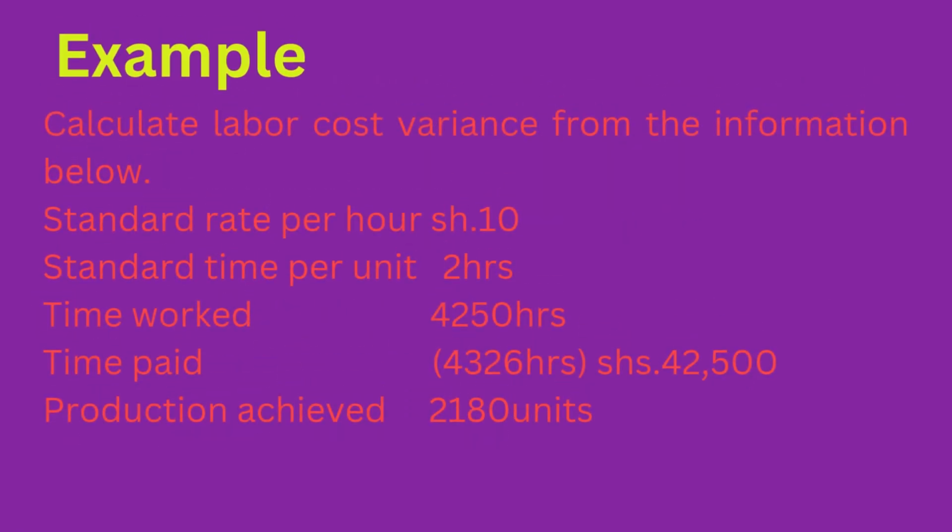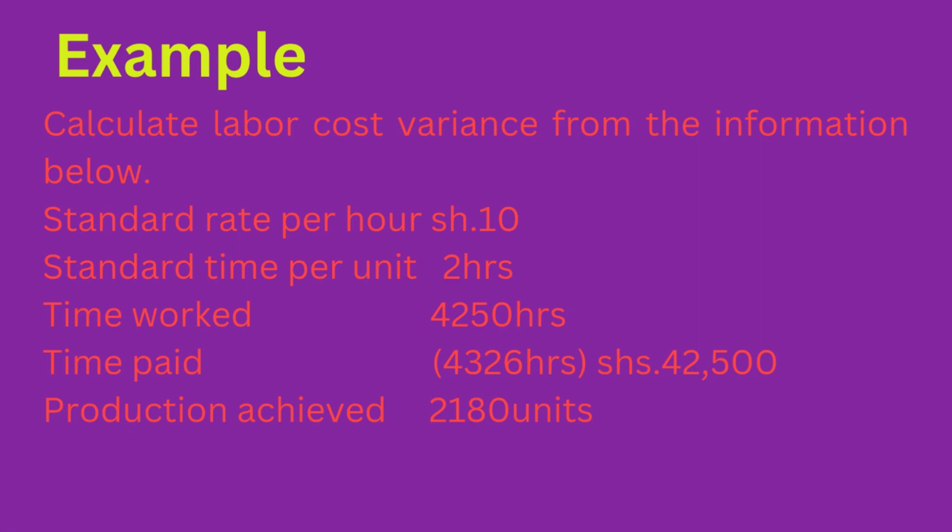As we've done in the material cost variance, an example, let's also do an example in labor cost variance. Our example says that calculate labor cost variance from the information below. Standard rate per hour, 10 shillings. There is the standard time per unit, 2 hours. There is the time worked, 4,250 hours.